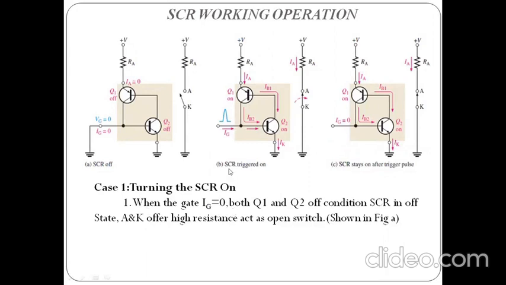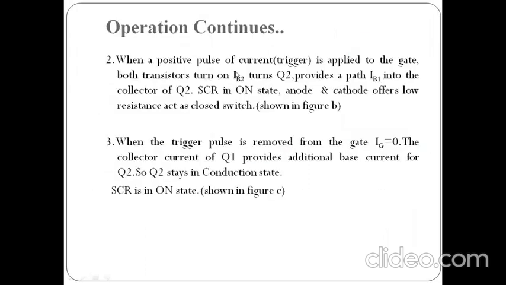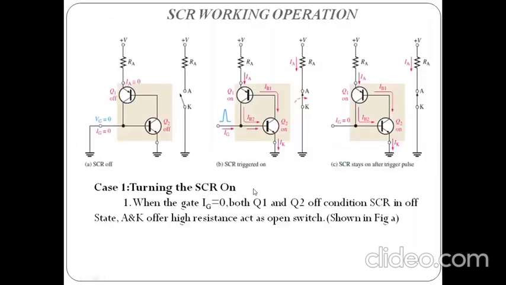Figure B shows that if a positive current trigger pulse is applied to the gate, then both transistors Q1 and Q2 go to the on condition.